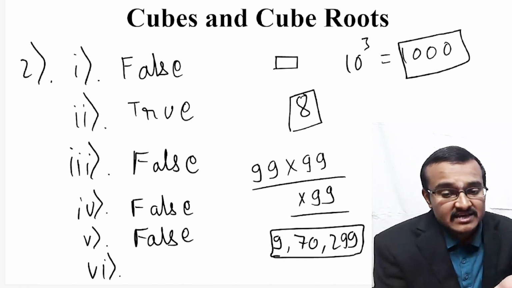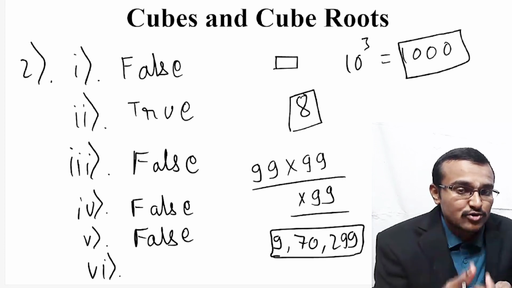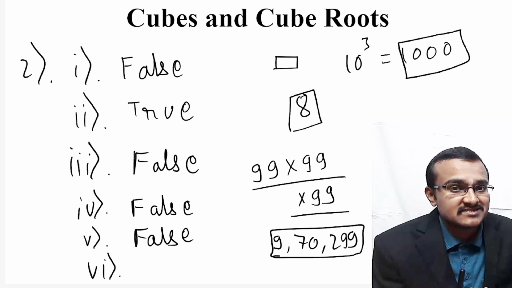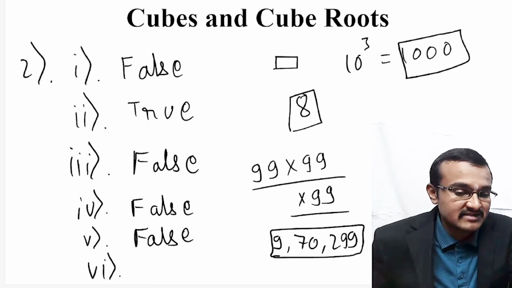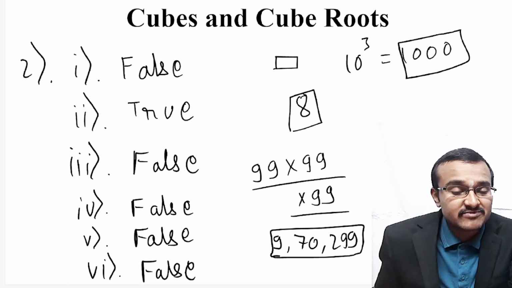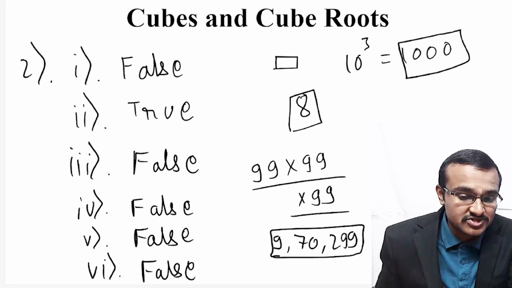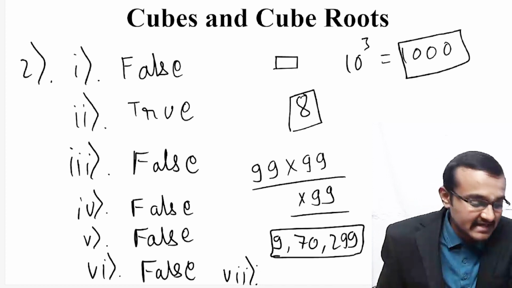It is not crossing 6 digits, it stops at 6 digits itself. So this sixth question is false. The statement given in the sixth question is false.